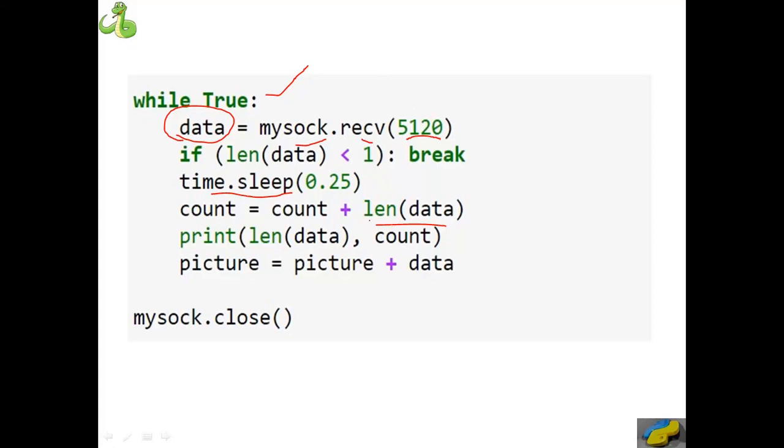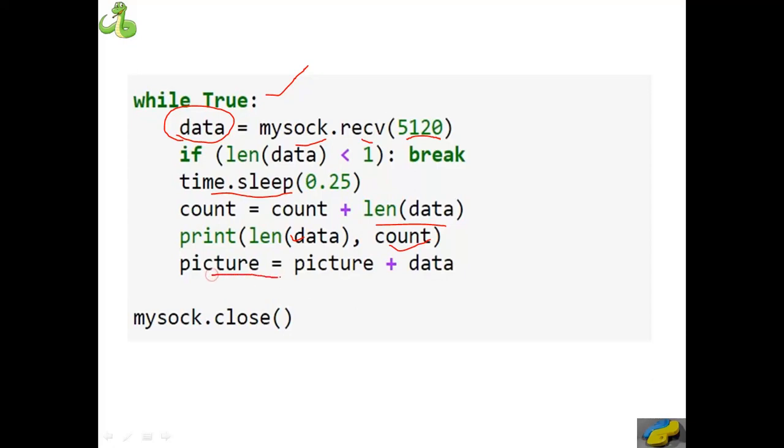Then I calculate the length and go on adding it to the variable count. Again this printing is not needed, but the author has printed what the current iteration is, what length of data I have read, and what the total data read so far is.